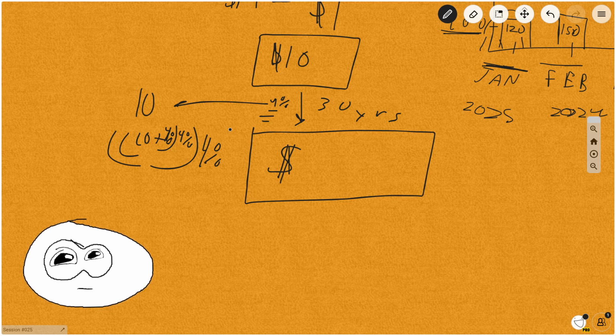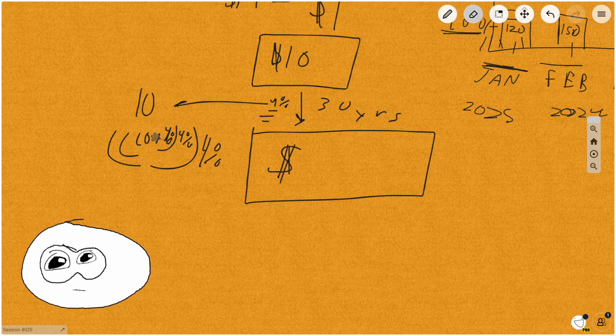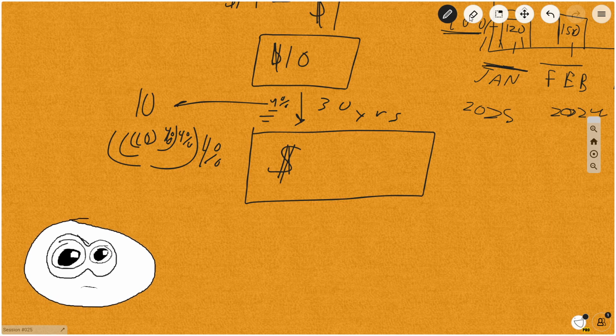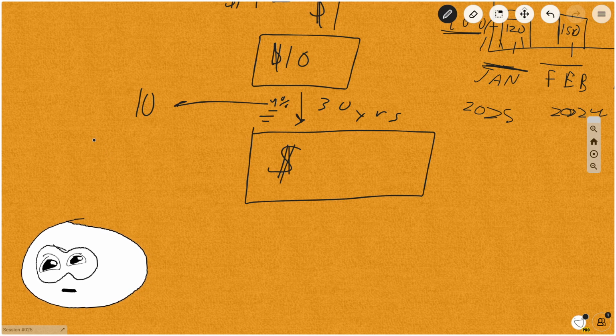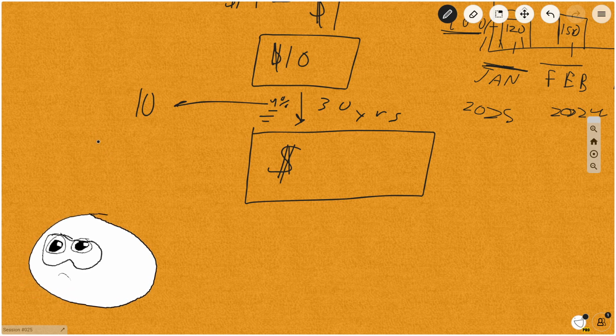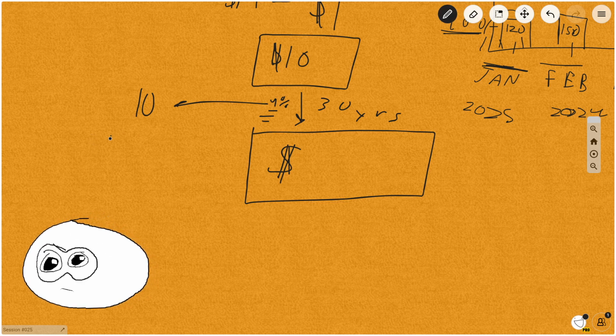And it just keeps going and going. I guess I should probably do it like this. Actually, the real formula would be like this, right? It would be, what was it? I think it'd be like 1 plus 10 plus 1.